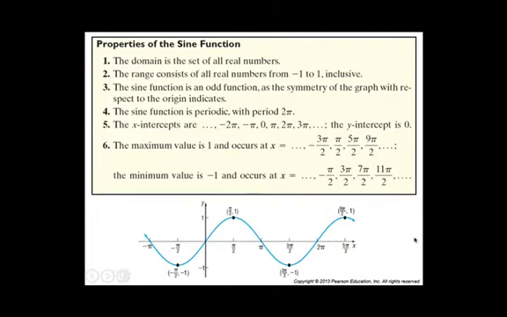And this will continue on down the road in both directions. We also know that the maximum value of 1 occurs at pi over 2, 5 pi over 2, etc. Also, the minimum value occurs at minus pi over 2 and 3 pi over 2.